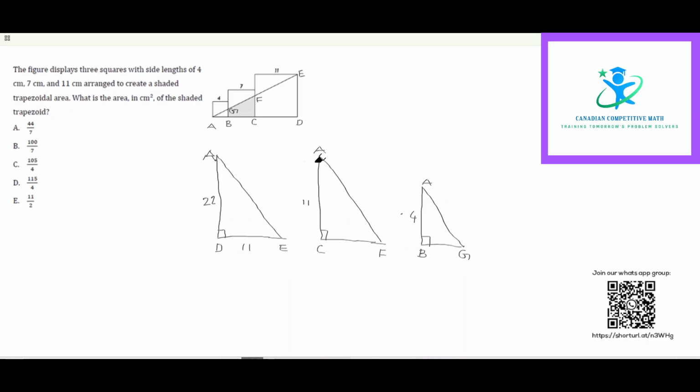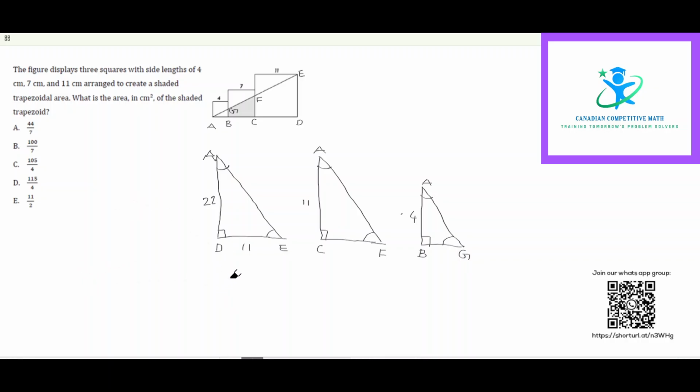All the top corners are at the same angle. Since this is equal and this is equal, and this corner is a right angle, all these angles are equal.